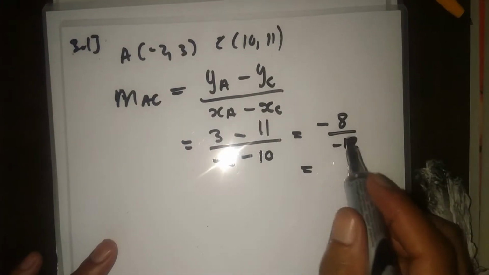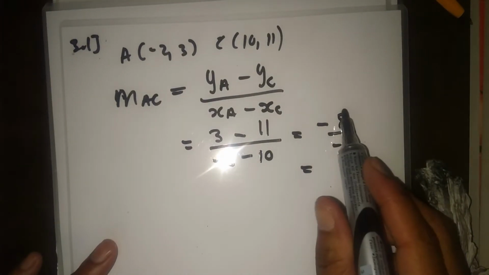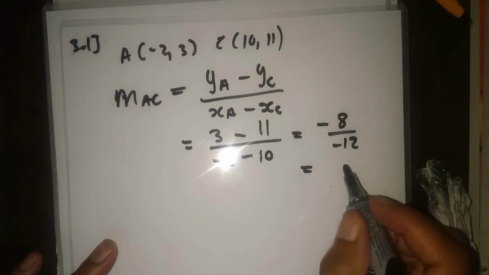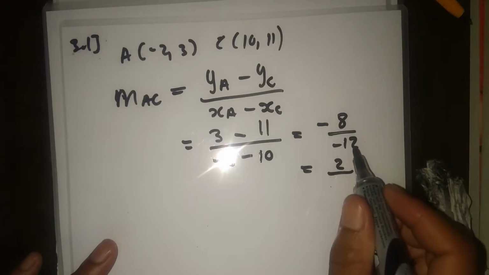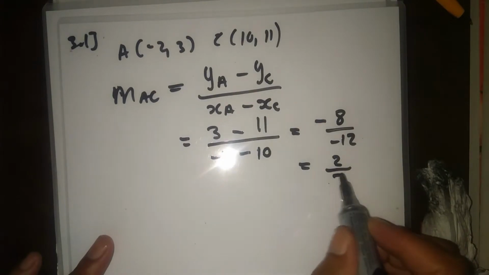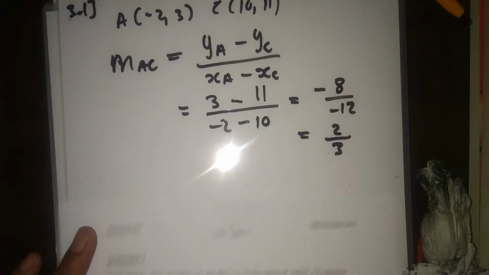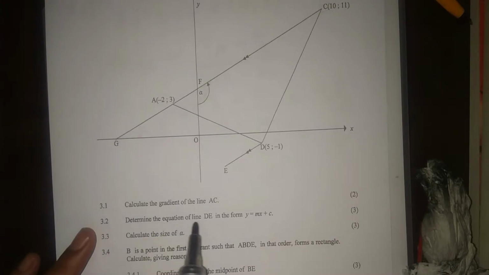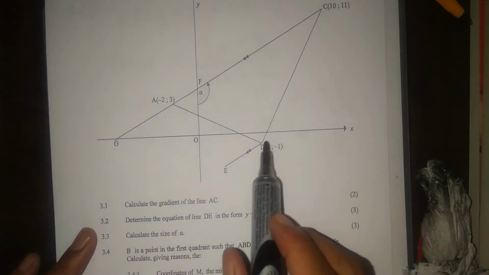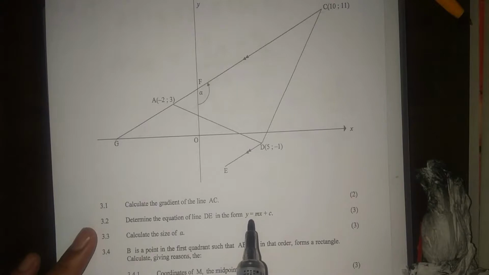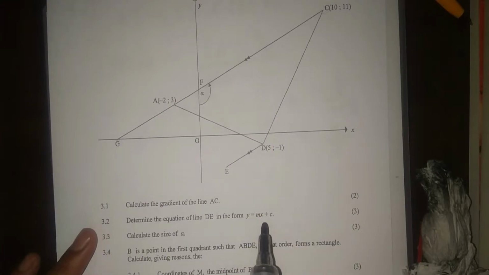Negative over a negative is positive, so 4 goes into 8 two times, and 4 goes into 12 three times. So the answer is 2/3, right? The gradient of AC is 2/3. So 3.2, determine the equation of line DE in the form y equal to mx plus c.